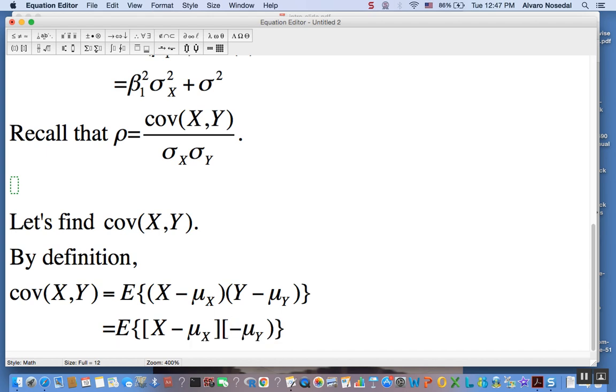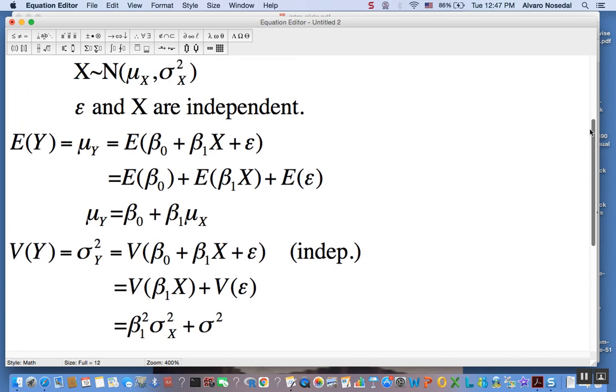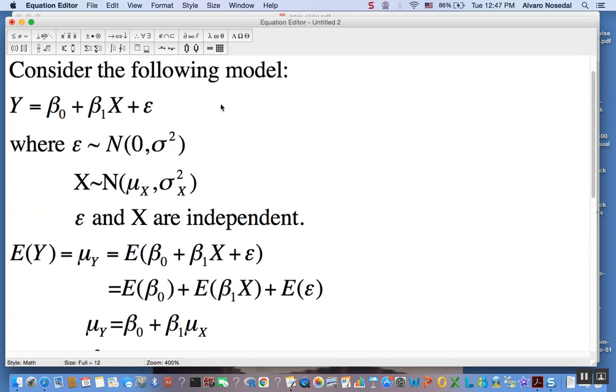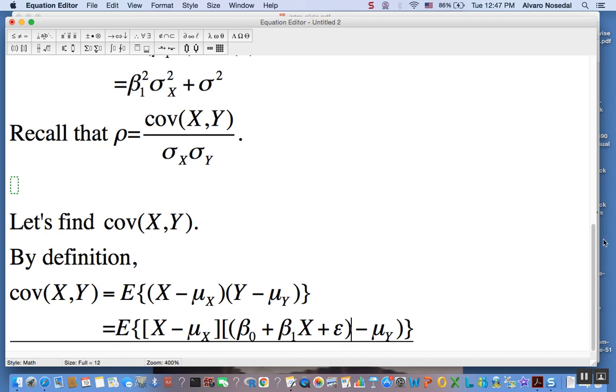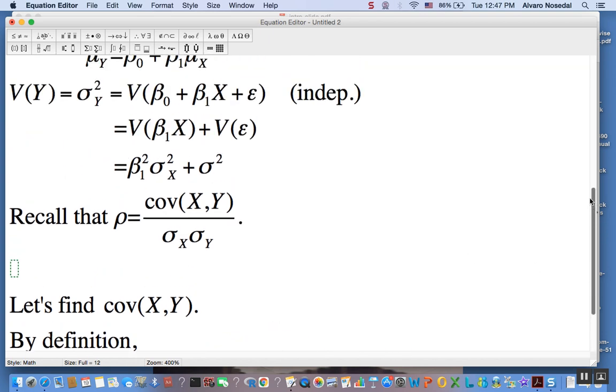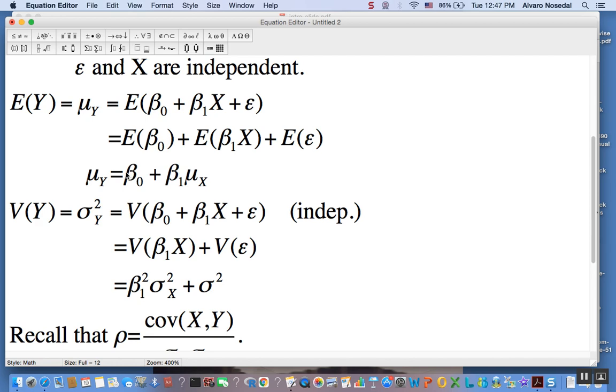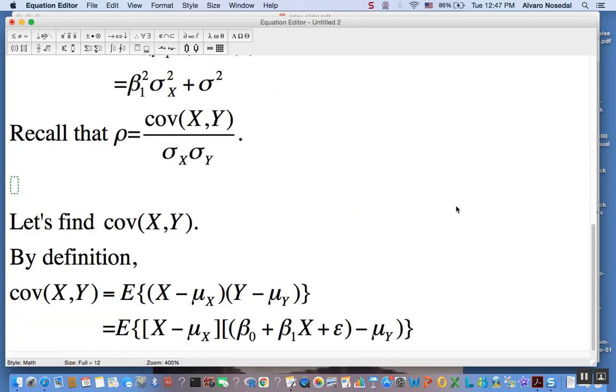Remember that y is just beta 0 plus beta 1 times x plus epsilon. Let's copy paste that. Instead of y, we have that, and for the mean of y, we have this, beta 0 plus beta 1 times mu sub x.